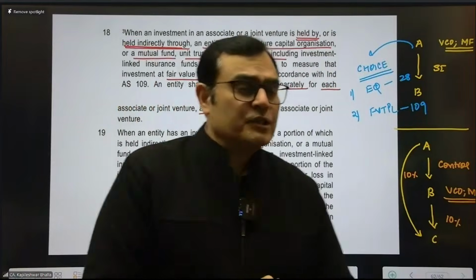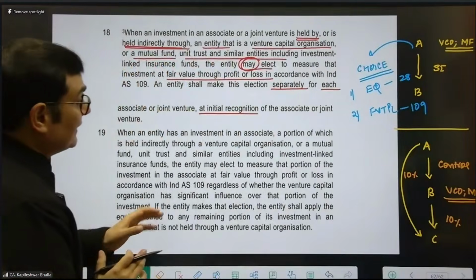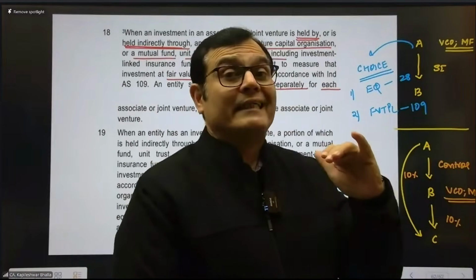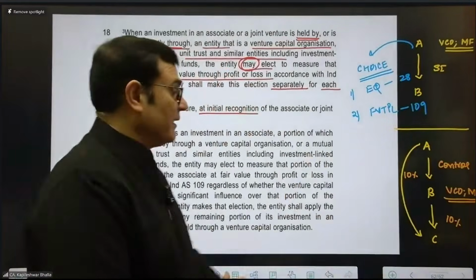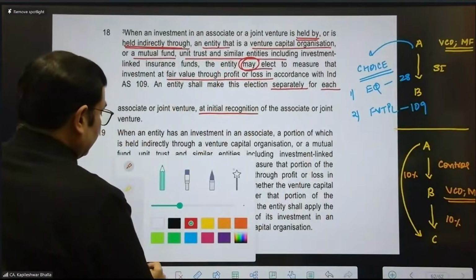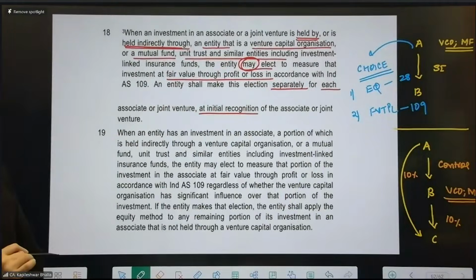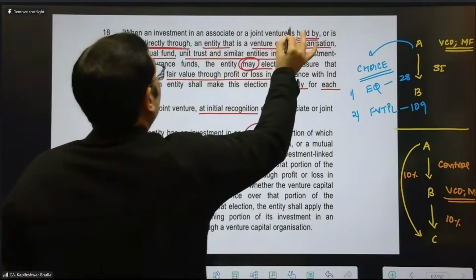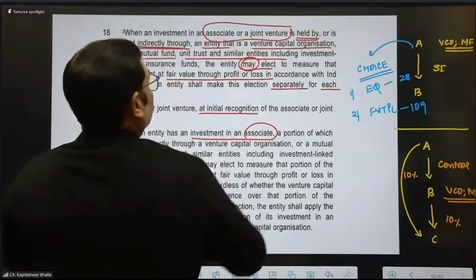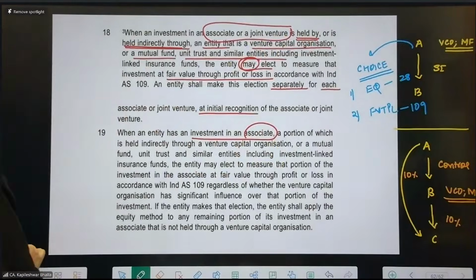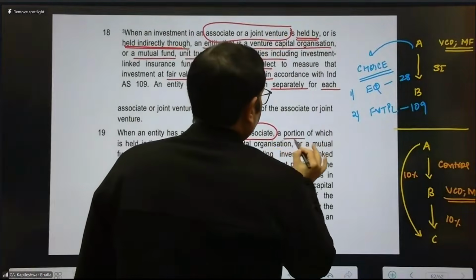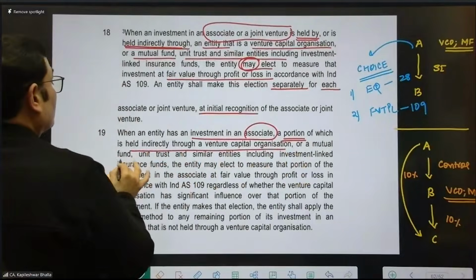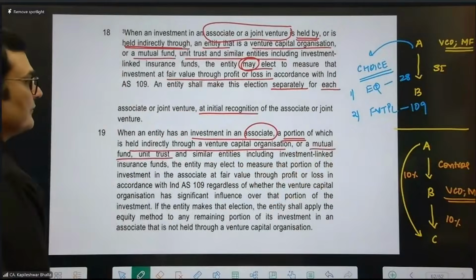Now, let's first read para number 19 and then decide, because para 19 is talking about that indirectly held portion as well. So it says in terms of para number 19, when an entity has an investment in an associate, and here he is talking only of an associate, a portion of which is held indirectly through a VCO or a mutual fund or a unit trust.